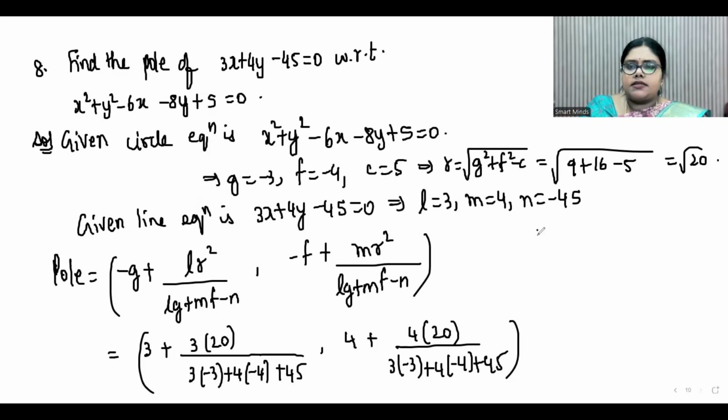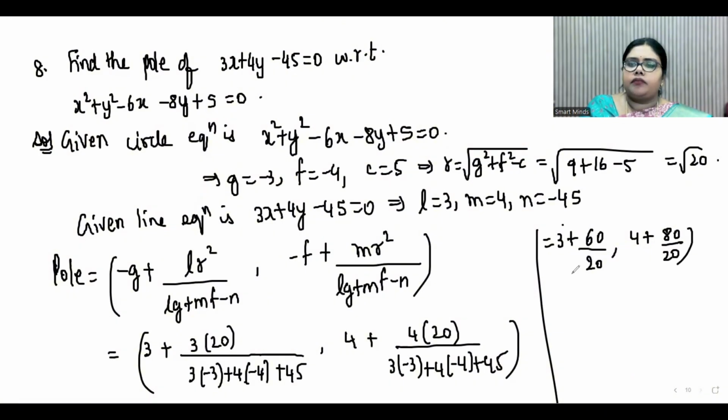So that is 3 + 60/(-9 - 16 + 45), which is 20, comma 4 + 80/20. So that is (6, 8). So the pole is (6, 8).